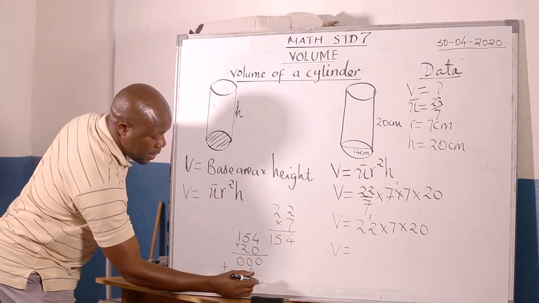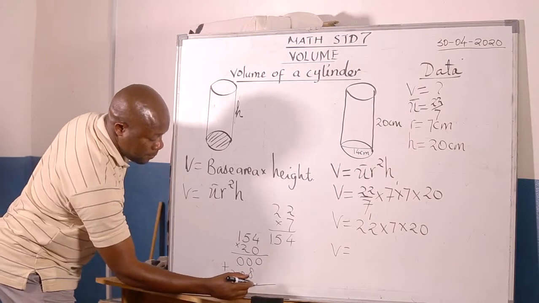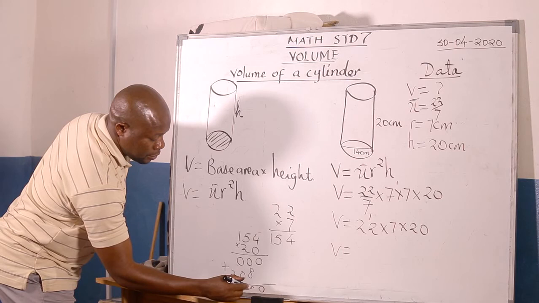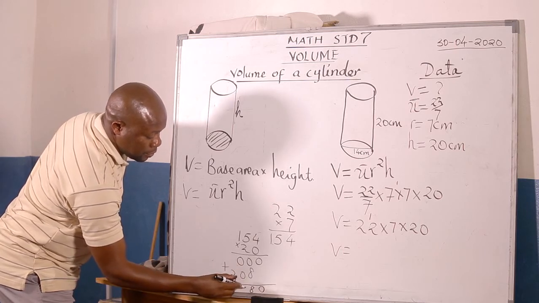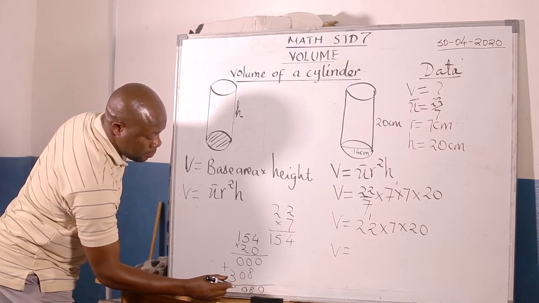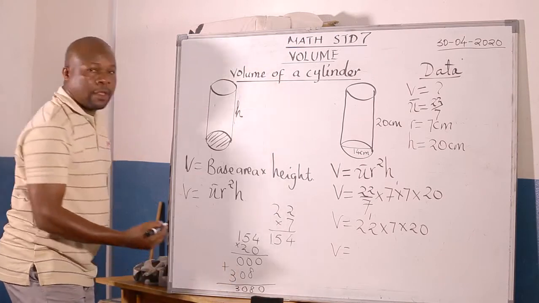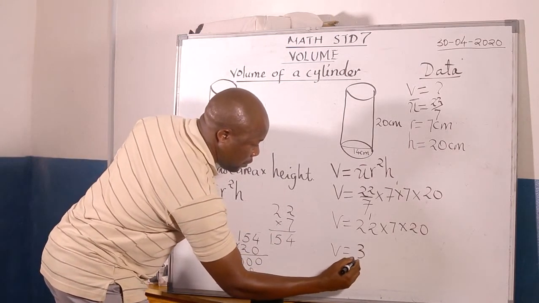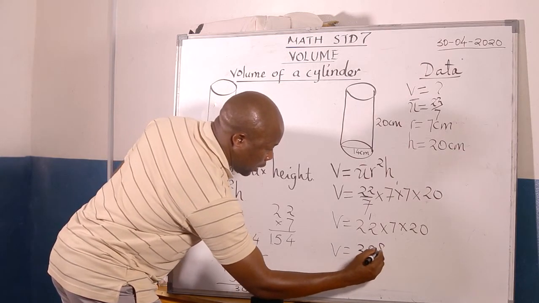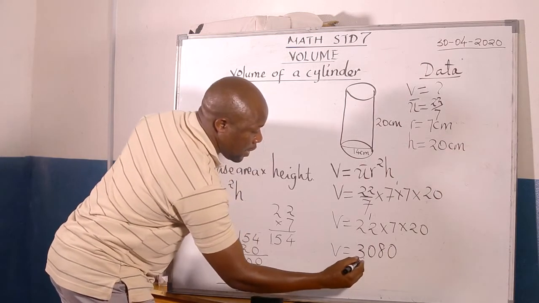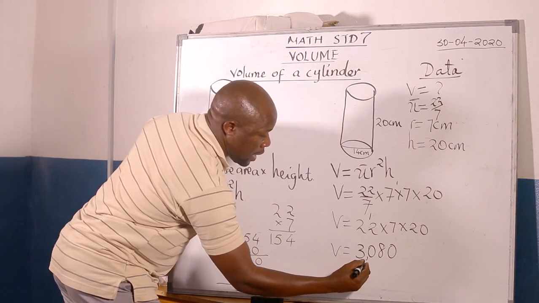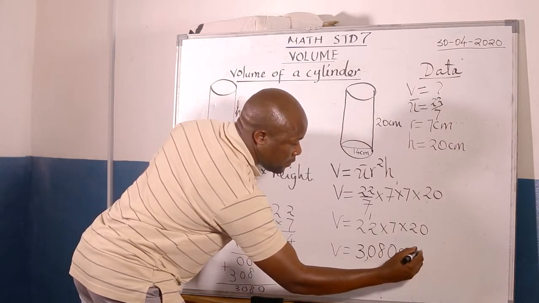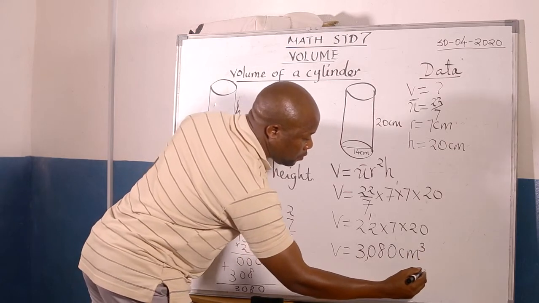Put together what we have got there. 0 is dropped there. 0 plus 8 is 8. 0 plus 0 is 0. Let us bring 3 down there. Therefore, our volume is equal to 3080. Our units are centimeters cube.